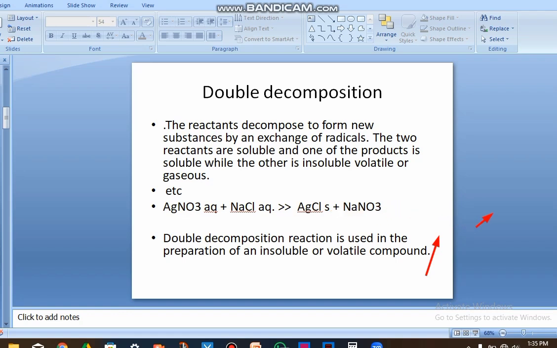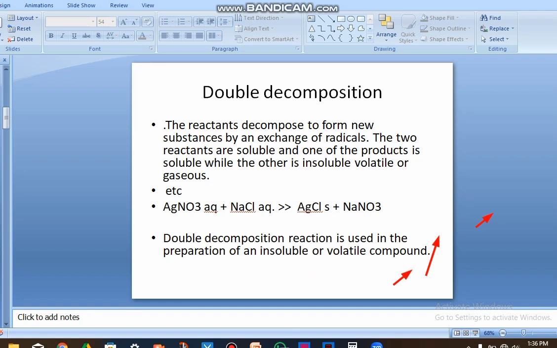Let's move forward. Look at this. Double decomposition reaction is used in the preparation of an insoluble or volatile compound. Write it down. So one of the benefits or functions of a double decomposition reaction is that it is used in the preparation of an insoluble or volatile compound.